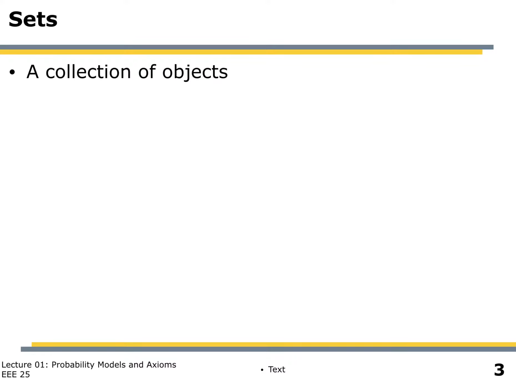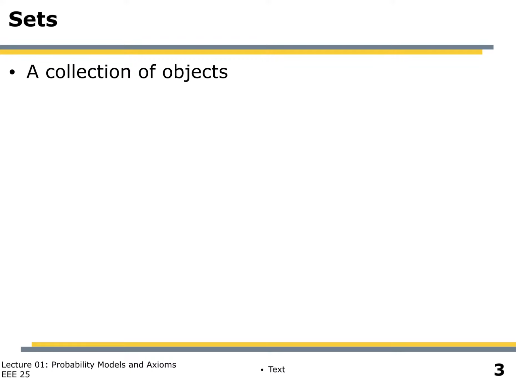But the objects of a set are not restricted to numbers only. We can also have, for example, the days of the week. The objects forming that set obviously aren't numbers. So we have Monday, Tuesday, Wednesday, Thursday, Friday, Saturday, and Sunday.